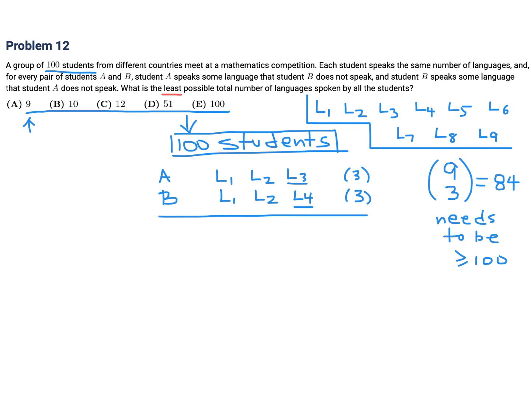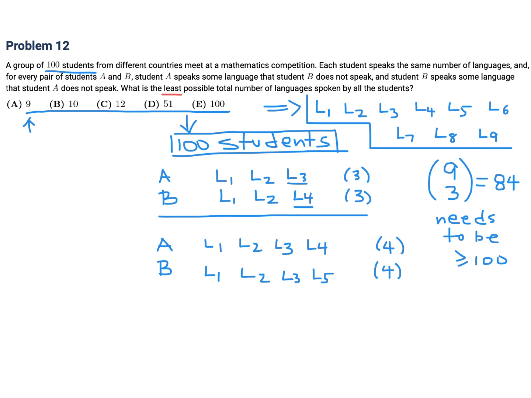Okay, no problem. I'm still going to stick to the 9 languages, but now, instead of 3, I'm going to give them each 4 languages. So whatever, right? L1, L2, L3, L4, and then L1, L2, L3, and L5. So if you do this scenario, it will meet the criteria of the question.